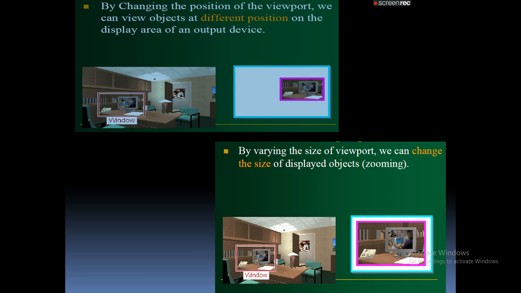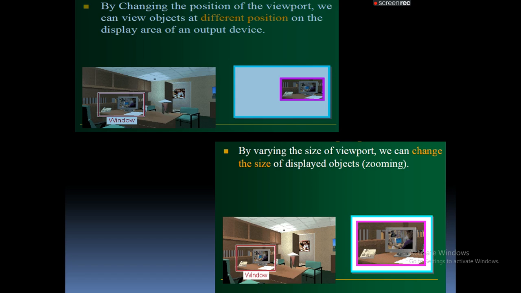So this is the effect of a real camera. In a real camera, when I move the camera nearer to the object, the size of the object goes on increasing, meaning we can display a very large size on the screen of the monitor. Indirectly we are increasing the size of the viewport.